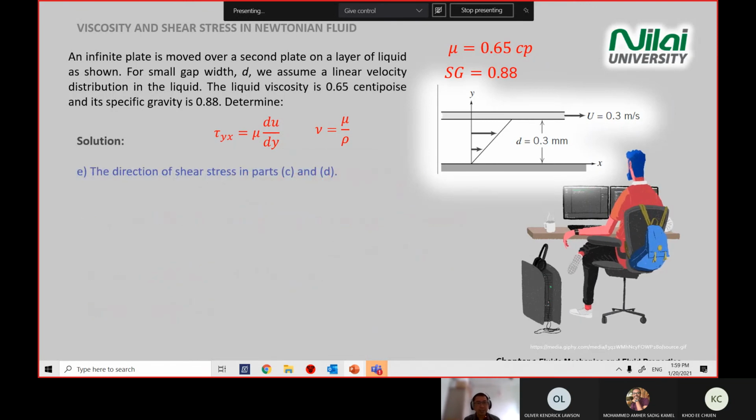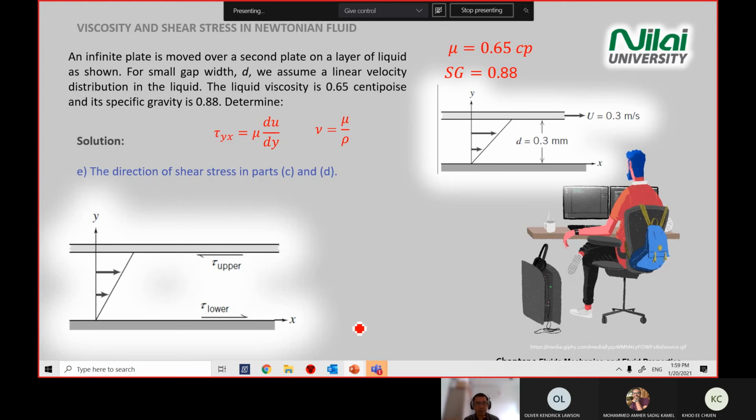Okay, part E is just drawing the stress. The direction of the stress will be opposite of the velocity. Again, I repeat, the direction of the shear will be opposite of the velocity. So the plate is moving to the right.